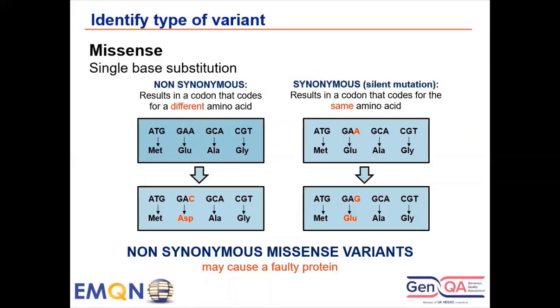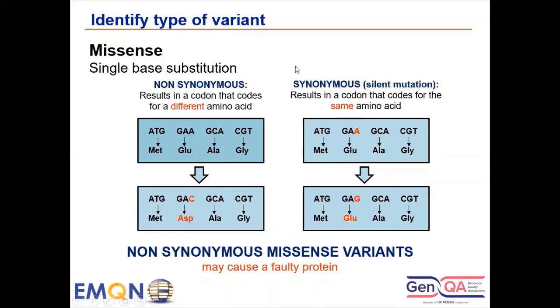So, as many of you may know, there are different types of variants you can identify in the human genome. The easiest ones to understand are the single base substitutions that may lead to non-synonymous variants. This means that you get an amino acid change, as illustrated in this example, where the last nucleotide is substituted, A by C, and instead of glutamine, there is an aspartic acid.